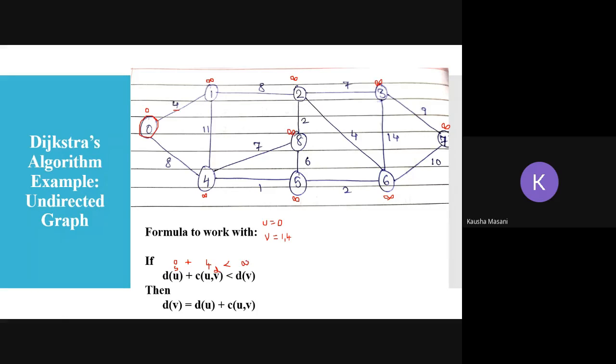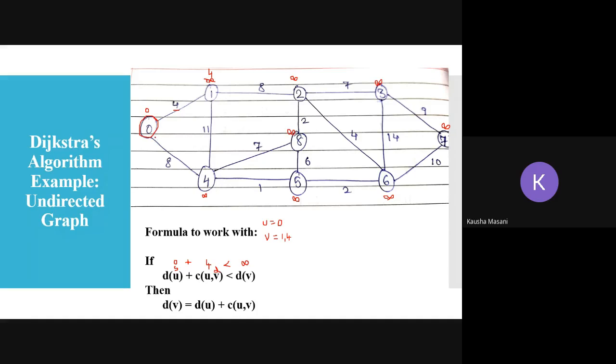So 4 less than infinity, yes. So you are going to update the value of the distance from 0 to 1. Now the 0 to 1 distance is 4. Now it is not infinity. I'm talking about distance.